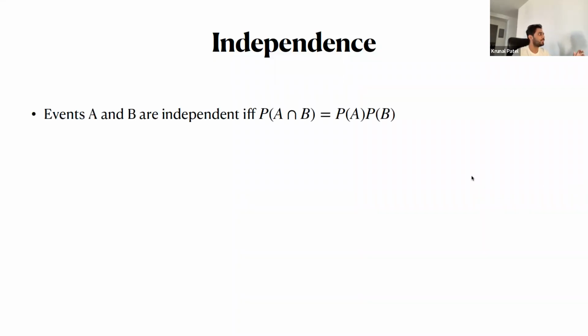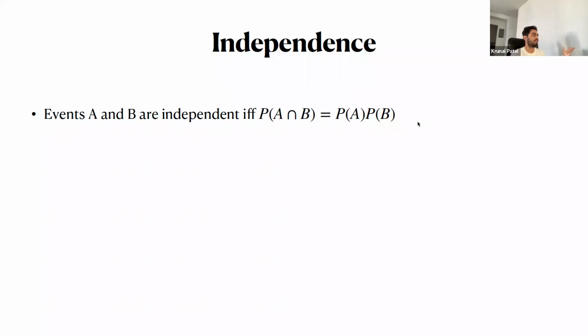Independence. We'll say that two events A and B are independent if and only if the probability of the intersection of those two events is exactly the same as the multiplication of their individual probabilities. So that's when we will call those two events independent. Now what will happen to the Bayes rule if we use independence? If two events are independent, then what will be the probability of A given B?